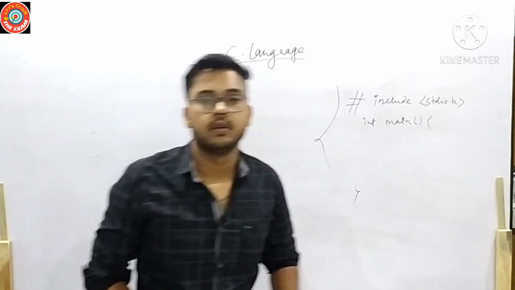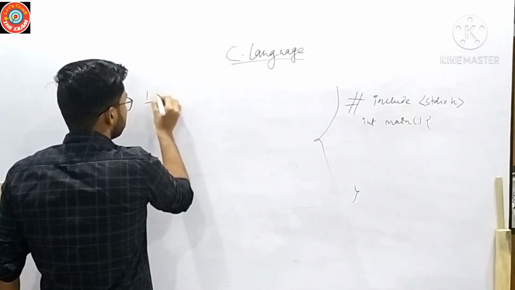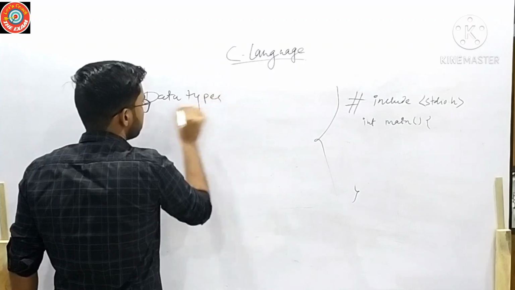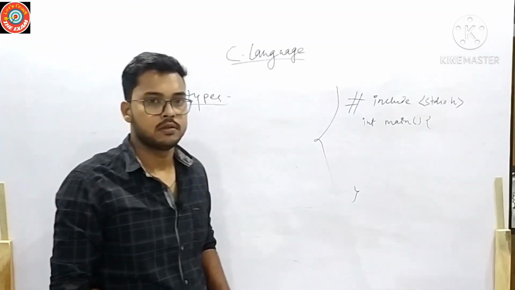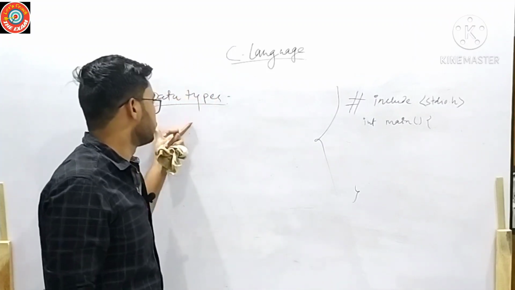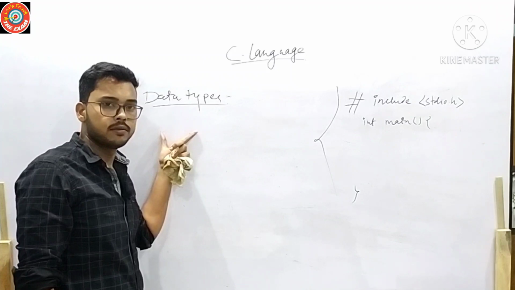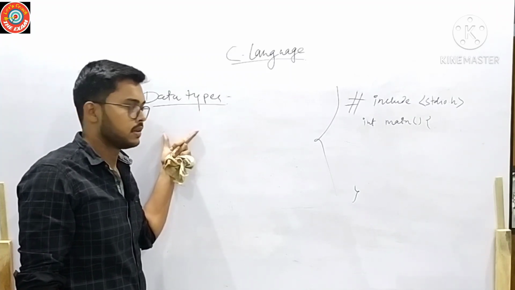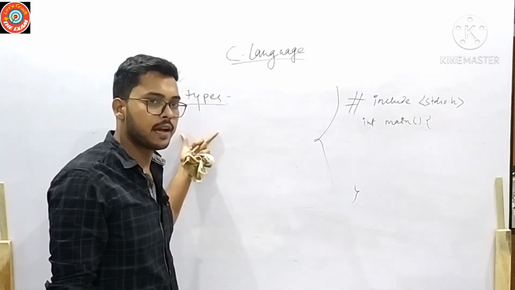Now we will see data types. A data type is an attribute that tells our compiler which type of data we are going to use. There are multiple types of data in C language.